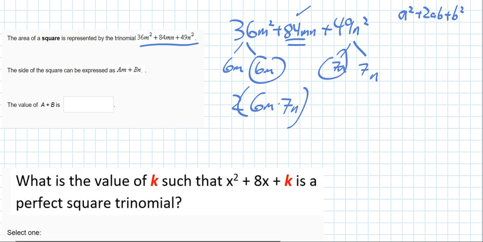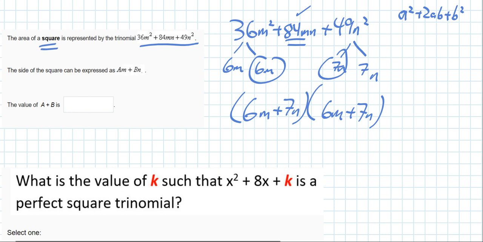So this is a perfect square trinomial. And for a perfect square trinomial, we know that we can get there by just doing 6m plus 7n times the same thing again. So it's squared because it's a square. It's always going to be a square.